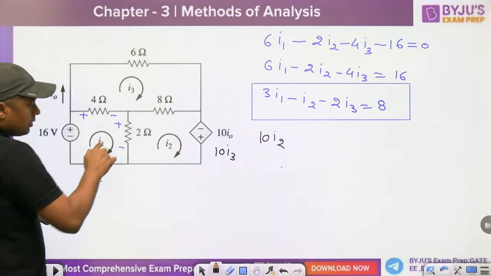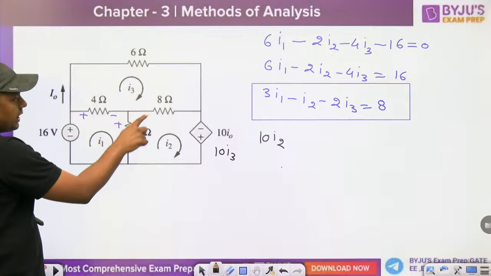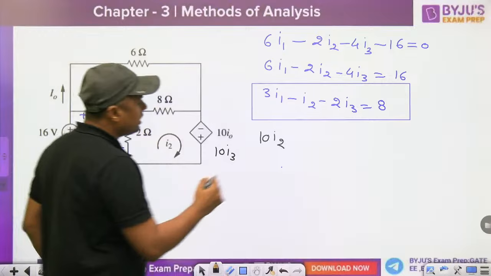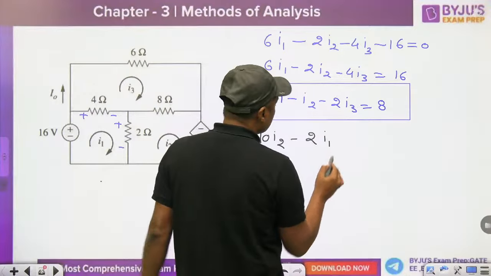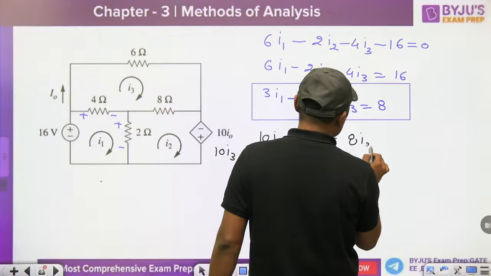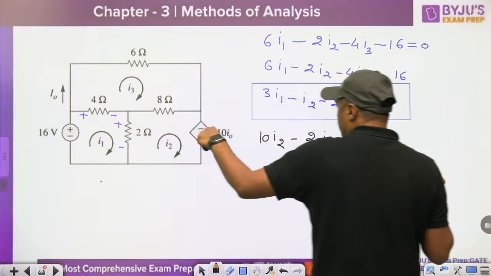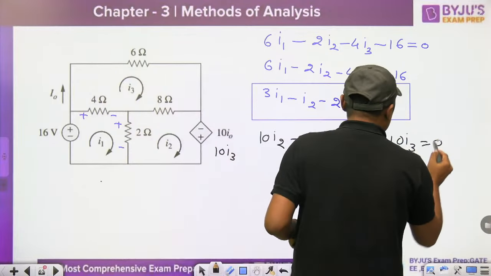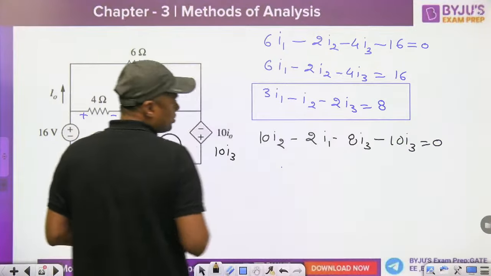I3 and I2 are in opposite directions, and I1 and I2 are also in opposite directions, so you can write minus 2I1, minus 8I3. And since it is entered through the minus, this is minus 10 times I3 is equal to 0. That is the rule of dependent sources.